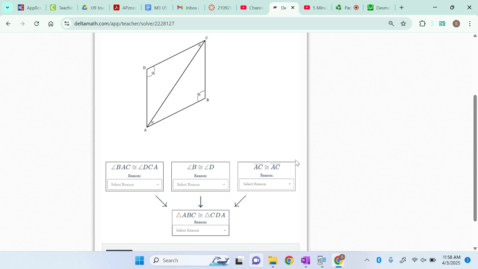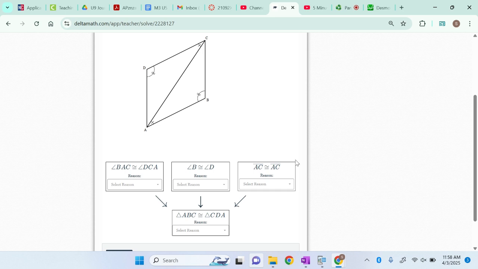Okay, so let's copy out the examples. Now Delta Math doesn't flat out state what they gave you, but they do mark it. So what's given is what's already marked on the graph.